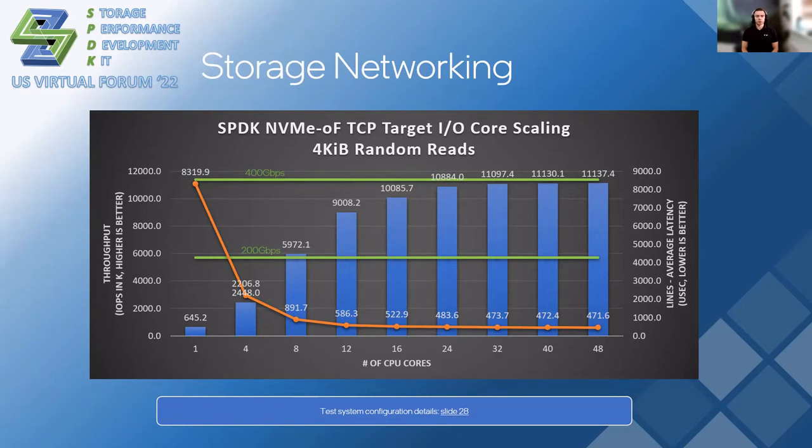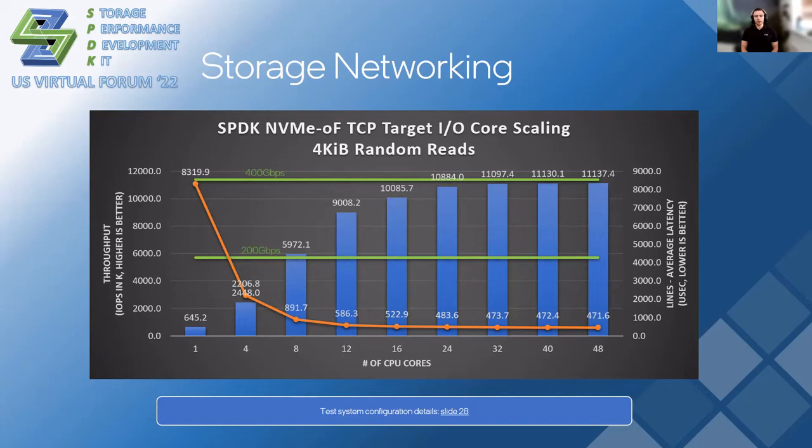And as you can see in the chart for 4K random read workloads, the IO performance of SPDK NVMe over Fabrics TCP target scales linearly up to 12 CPU cores, which allows it to process well over 200 gigabits of traffic.